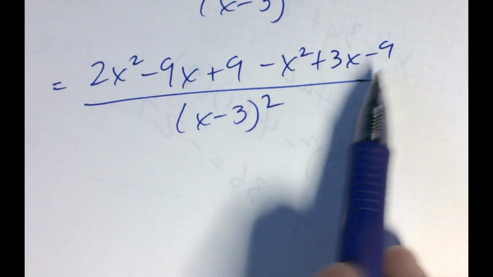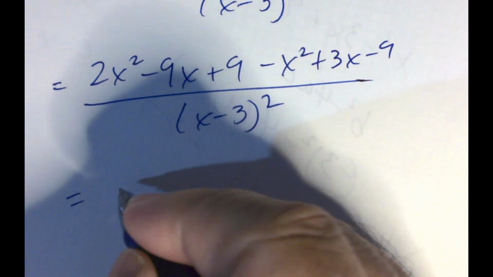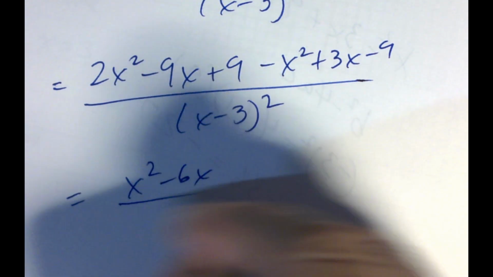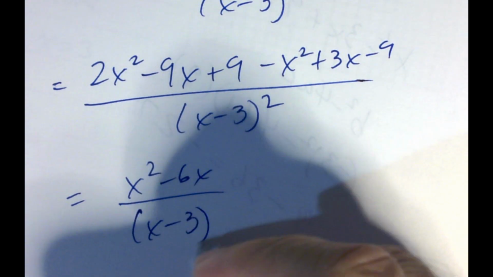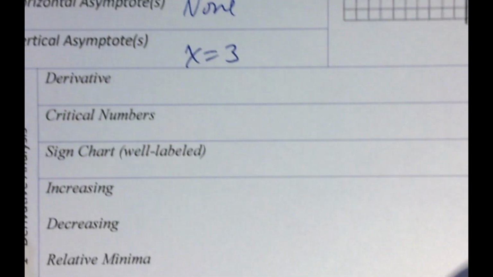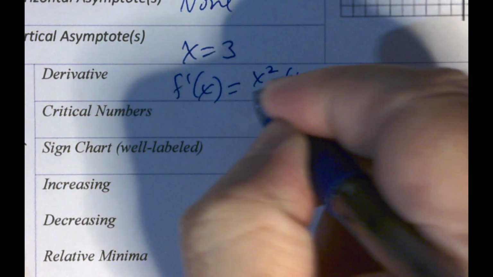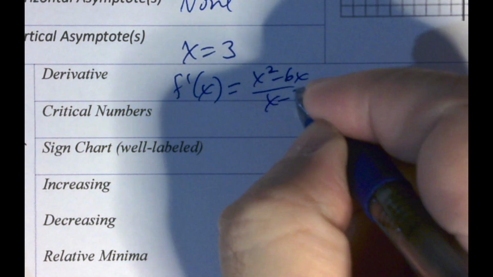Negative 9x and positive 3x gives me negative 6x, 2x squared minus x squared. So it's x squared minus 6x over x minus 3 squared. So that is the derivative. So we put that here. So the first derivative is x squared minus 6x over x minus 3 squared.